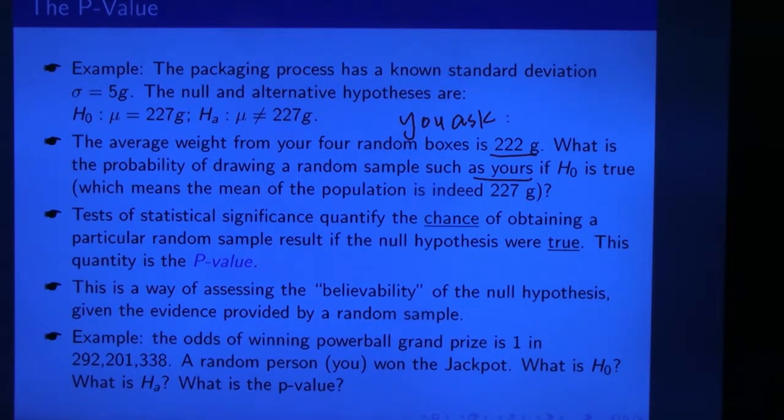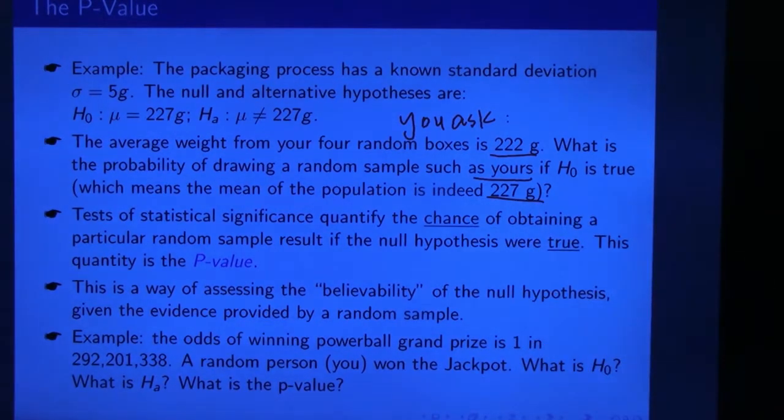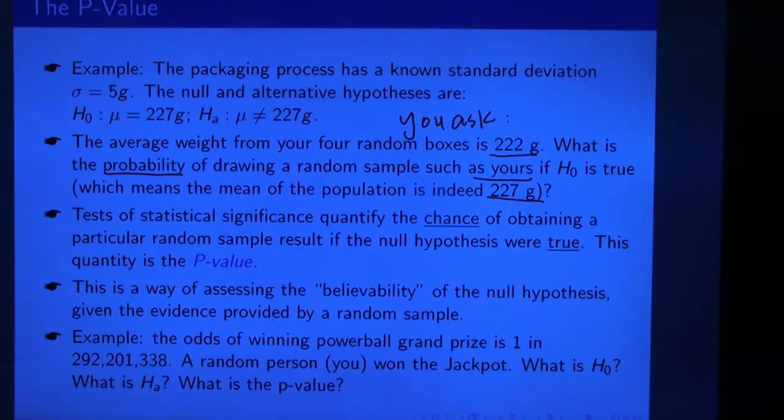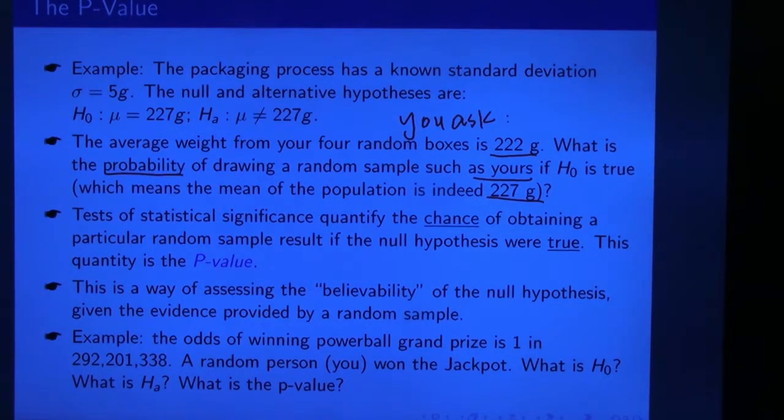You draw a random sample of 4 boxes, and you measure that the mean of the random sample equals 222. If we assume the population mean equals 227, what is the probability you get a random sample as yours, whose mean equals 222?